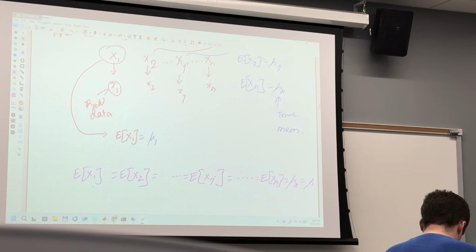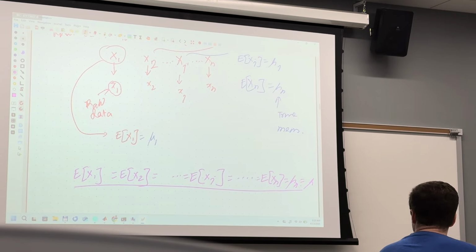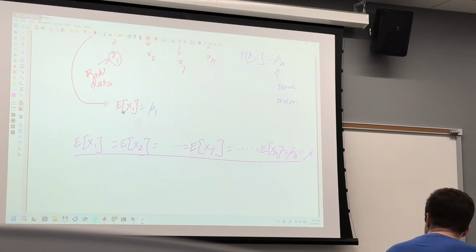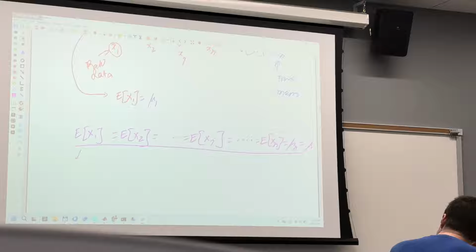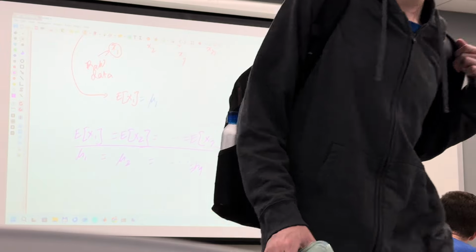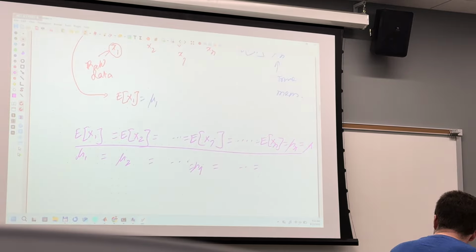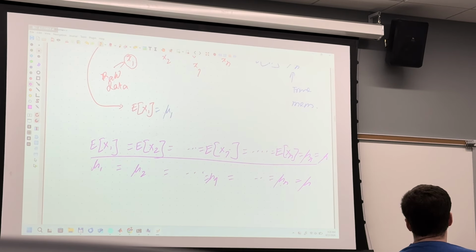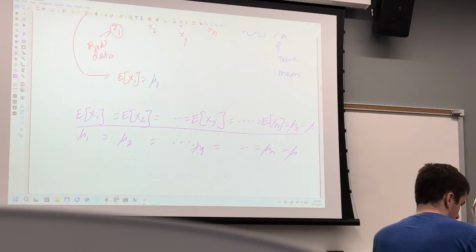So practically, mu1 equals mu2 equals dotted mu sub j dotted mu sub n equals mu. IID means that all random variables will have the same mean.